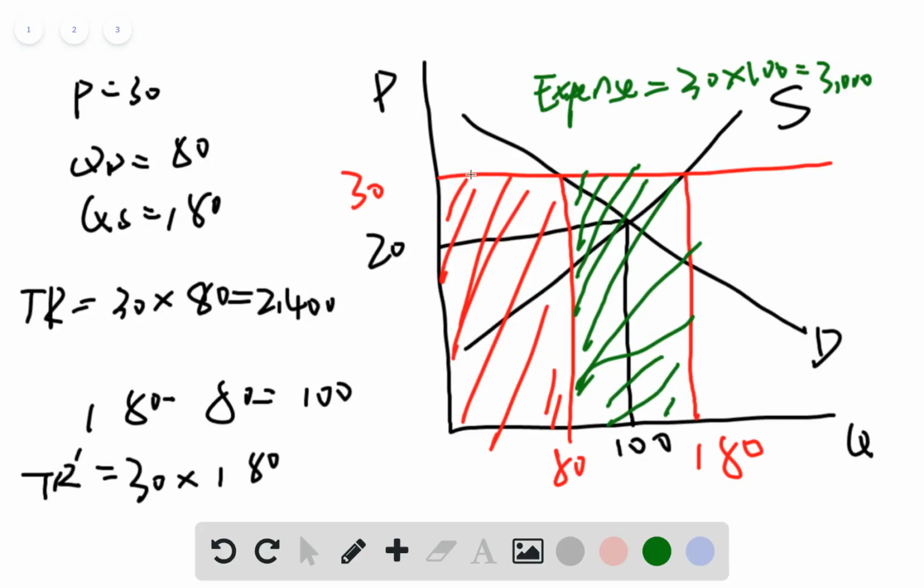And you can see that this part is the original total revenue of the producer if the government will not buy the surplus. And this part will be the government's total expense of buying the surplus, and this total large area will be the total revenue received by the producer afterwards. Okay, so that's the answer to this question.